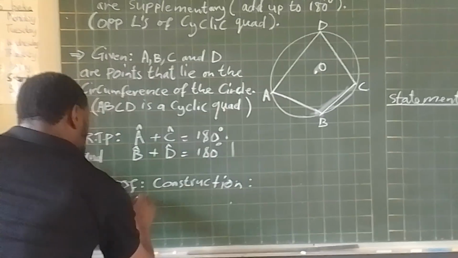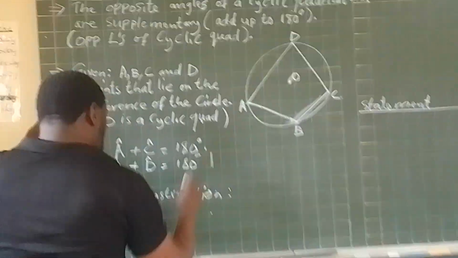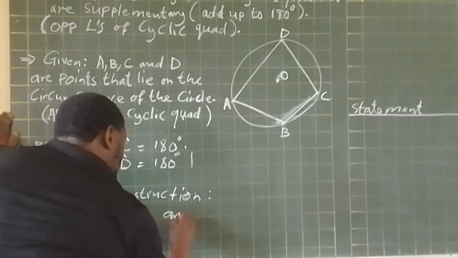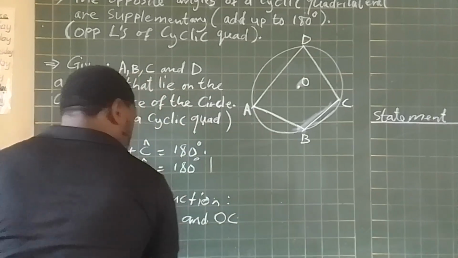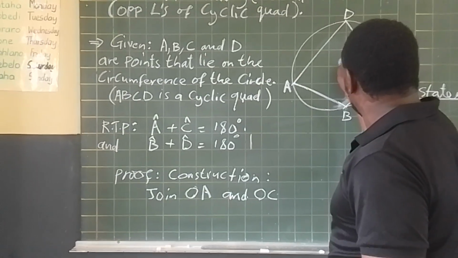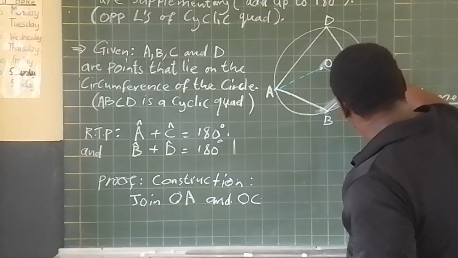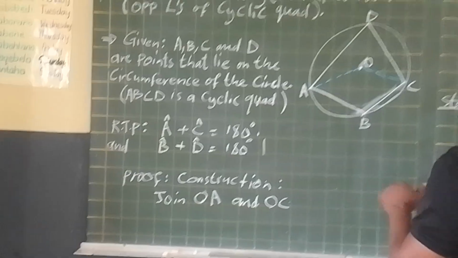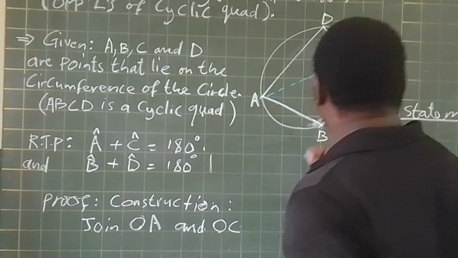Construction: we must join OA and OC. This is OA, join them by construction. If we have separated, we can say this is O1, this is O2.